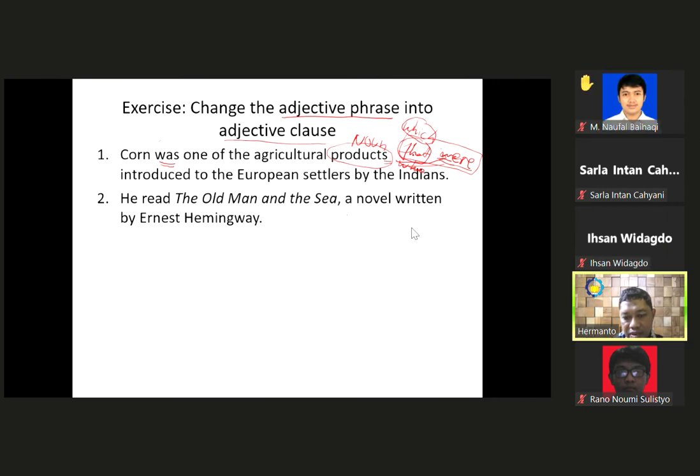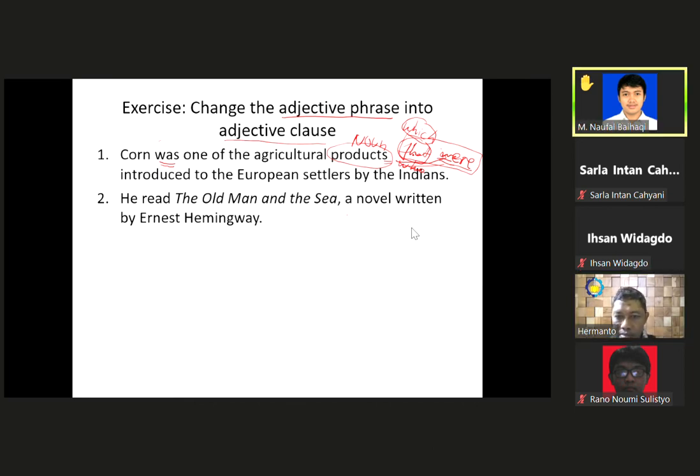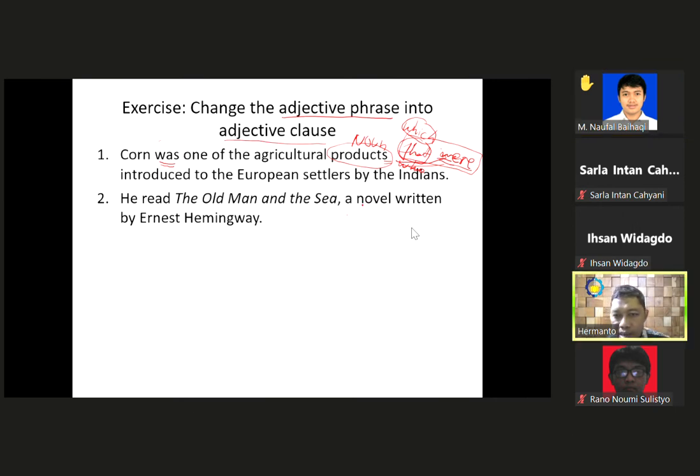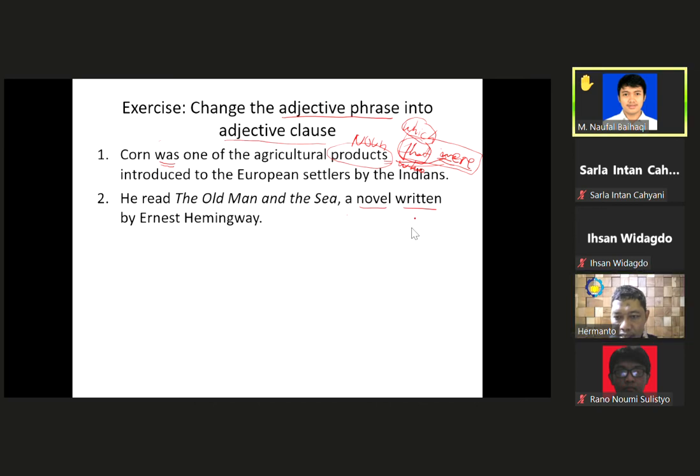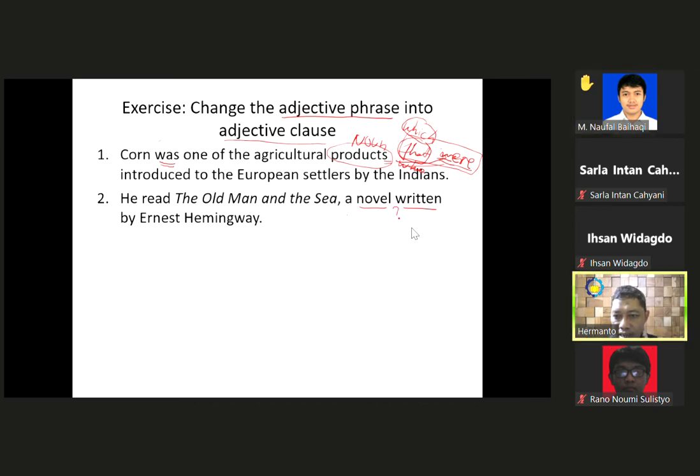Okay, so first of all, please. Yes, Naufal. You read The Old Man and the Sea, a novel is written by Ernest Hemingway. So you suspect this one, novel written, yeah? And there is something missing here, yes? Is it what you think, Naufal?